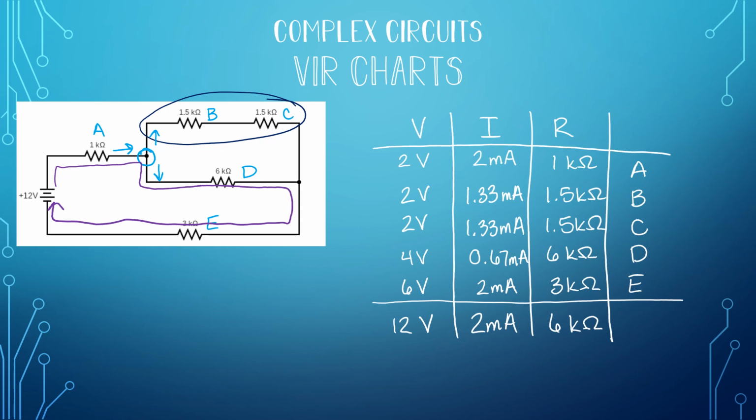And then another loop that I can traverse around my circuit would go through A, through BC, and then through E. So if I add up the voltage of A, B, C, and E, I should also get 12 volts, and I do. So that's a good check to make sure that the numbers in your final VIR chart make sense.